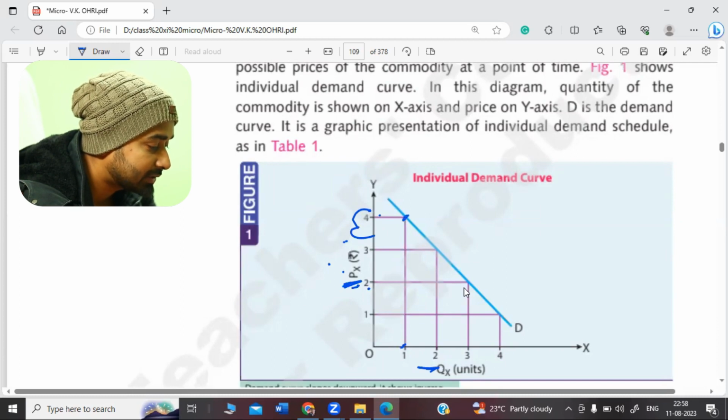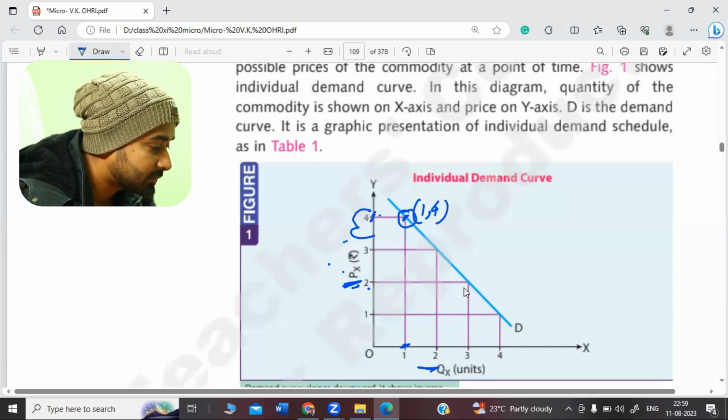I have written here 0, 1, 2, 3, 4, and here also 1, 2, 3, 4. So the y-axis is price, price was 4, quantity demanded is 1, so it intersects at this place. This is one point: x is 1 and y is 4. Indirectly, demand is 1, price is 4.